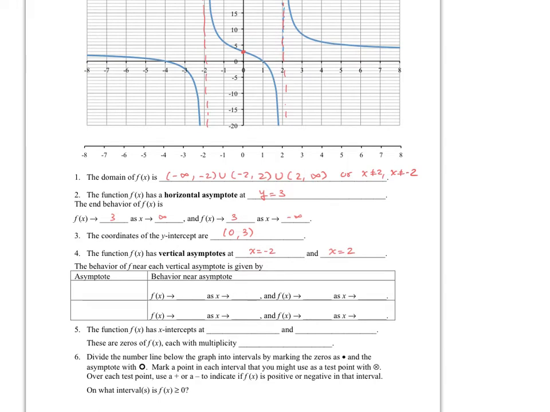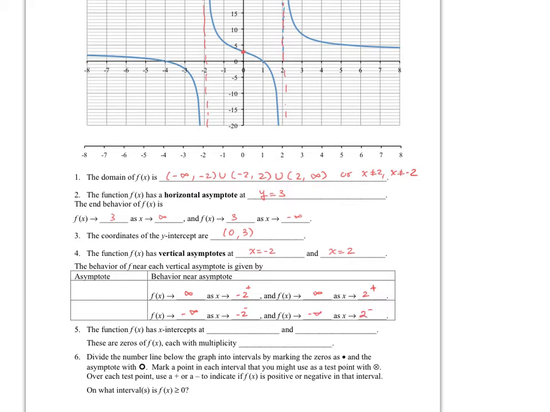So f of x goes to infinity as x approaches -2 from the right side, and goes to minus infinity as you approach -2 from the left side, which is this. And then f of x goes to infinity as you approach 2 from the right side, which is this one, and minus infinity as you approach 2 from the left side.